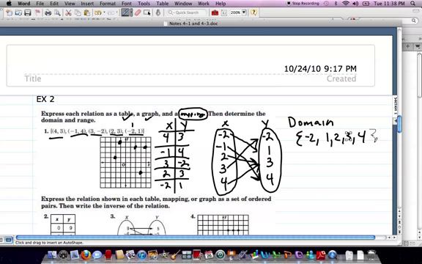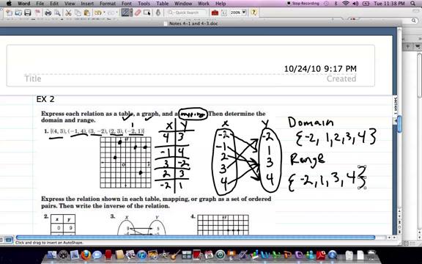That's coming straight from my mapping. And then my range is negative 2, 1, 3, and 4.